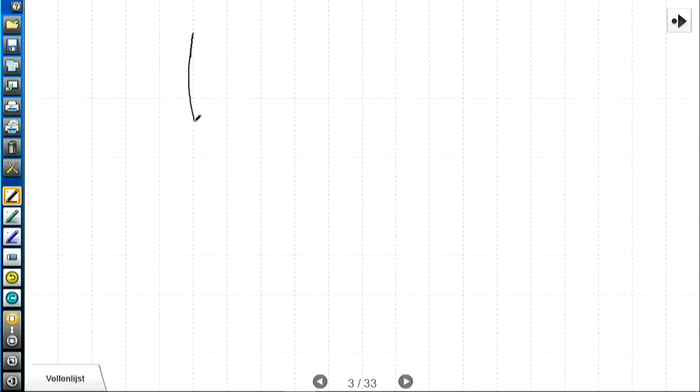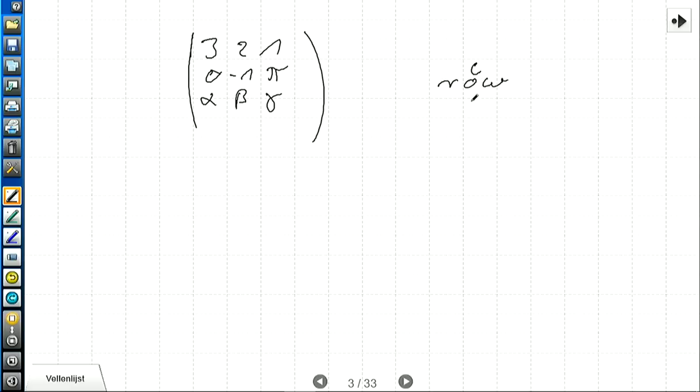And something I just heard this morning, but probably I didn't tell you in a lecture, but it might be very nice: maybe you're still confused what a row and what a column is. So if I have a matrix with entries 3, 2, 1, 0, minus 1, pi, alpha, beta, gamma, because you know the Greek letters, right? Now, if I had such a matrix, I would wonder what is a row and what is a column. And what I've just learned this morning is good to remember: the row goes from left to right and the column goes vertical.